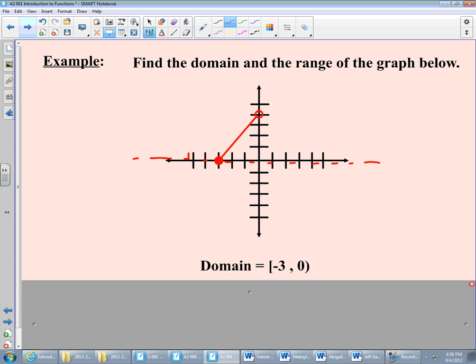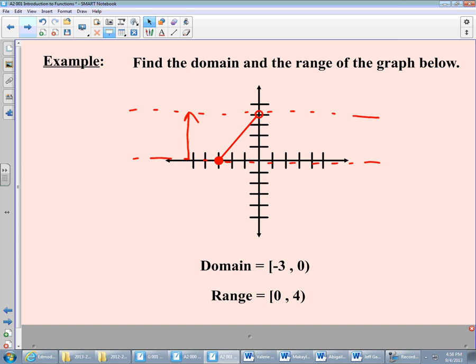Where does it continue? We have y values until ultimately we get up to y equals 4, and then the graph does not exist. So what should the notation look like? Closed on 0, so a bracket, and at 4 it should be open, so a parenthesis. So the range would be bracket 0, comma, 4, parenthesis.